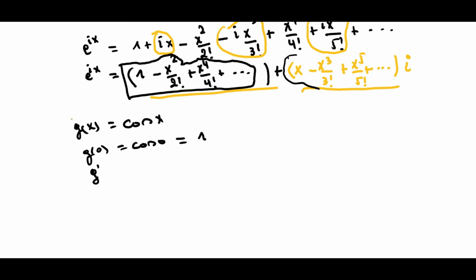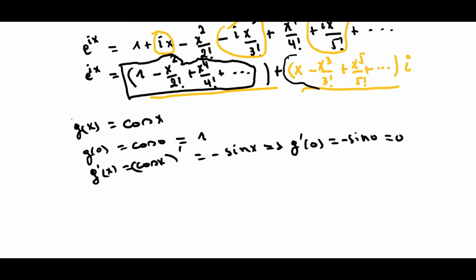And the derivative g'(x) will be equal to the derivative of cosine, which is equal to minus sine x. Then this implies that g'(0) will be equal to minus sine of 0, and sine of 0 is equal to 0.